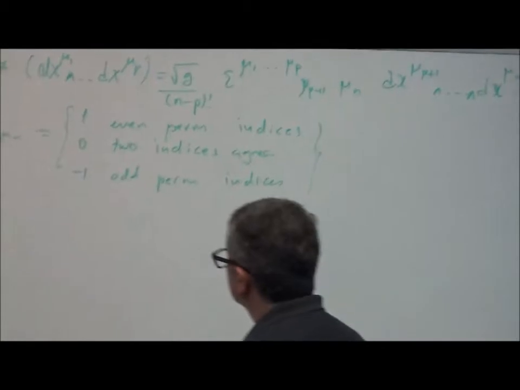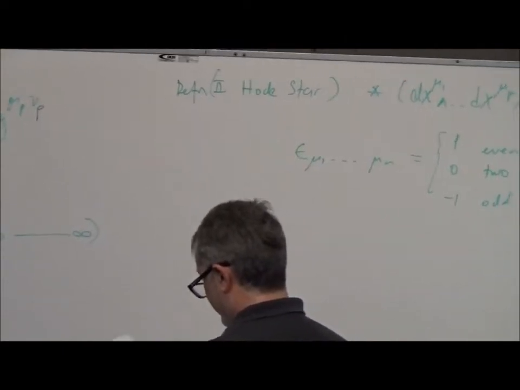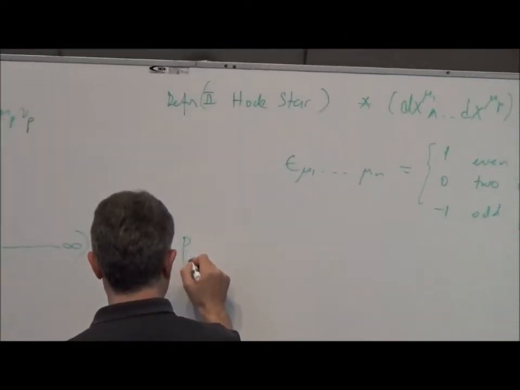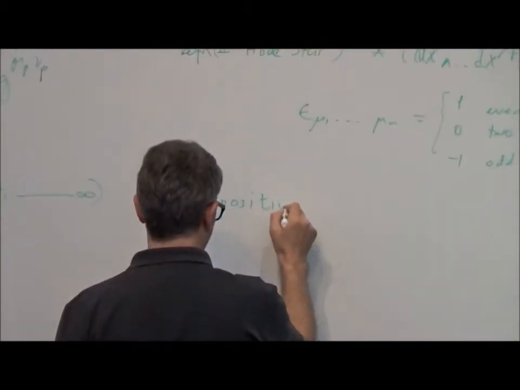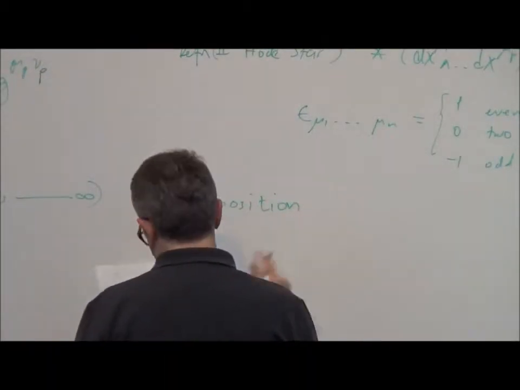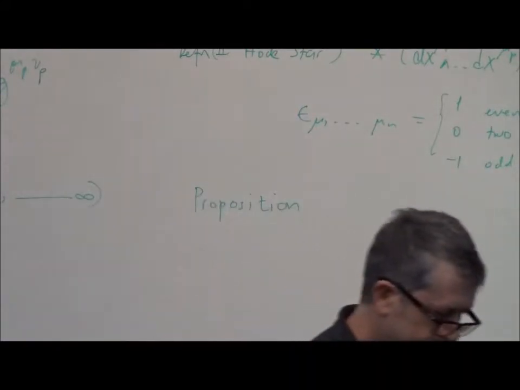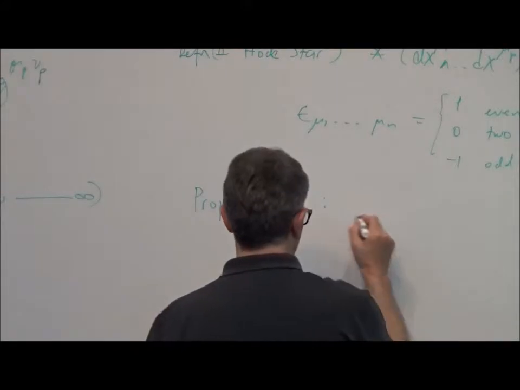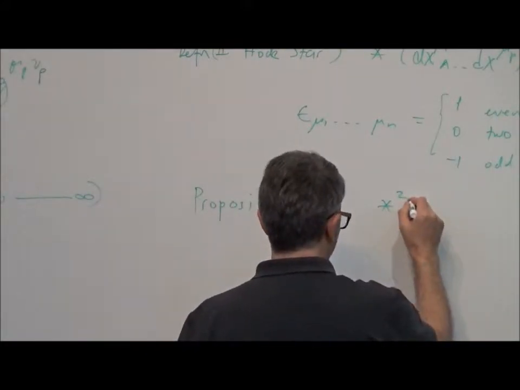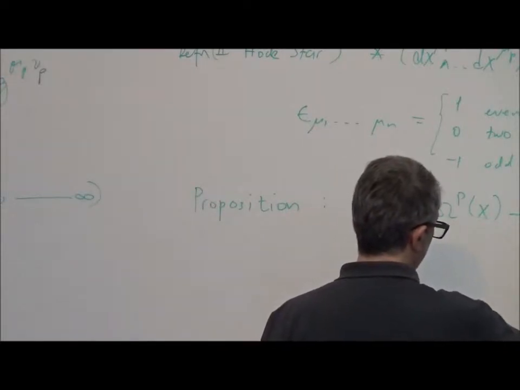I'm actually only going to need this. So here's a proposition. And the proposition is the following one. Star squared on omega p x maps you to omega p x.